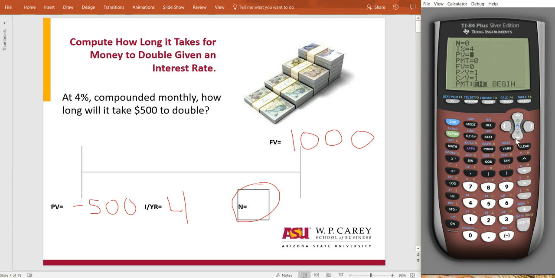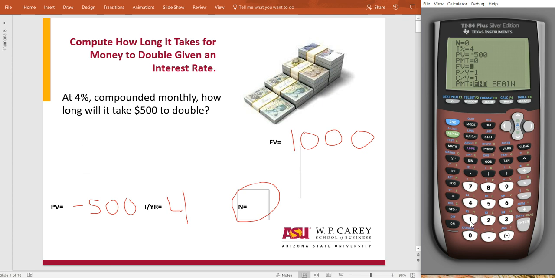Okay, our present value is 500, but we need to put that in as a negative. Either your present value or your future value has to be a negative number. So to keep things simple, let's put present value always as a negative. So negative 500. And then payments, there isn't payments.